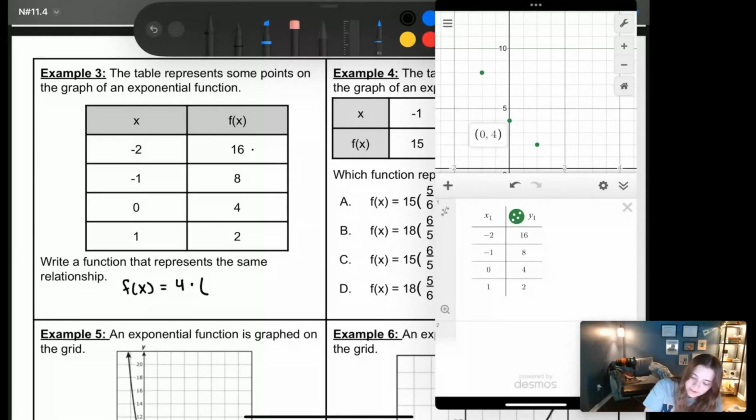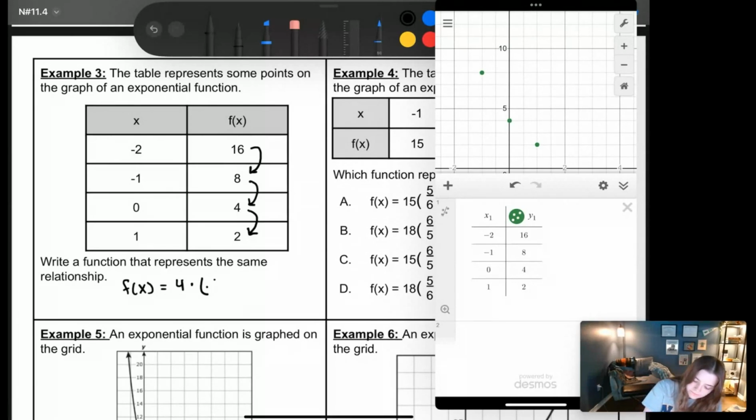Take a look at this pattern. How do I go from 16 to 8? 8 to 4. 4 to 2. What is happening every time there? Same thing here, right? How am I going from those numbers? I'm decreasing, right? By half.